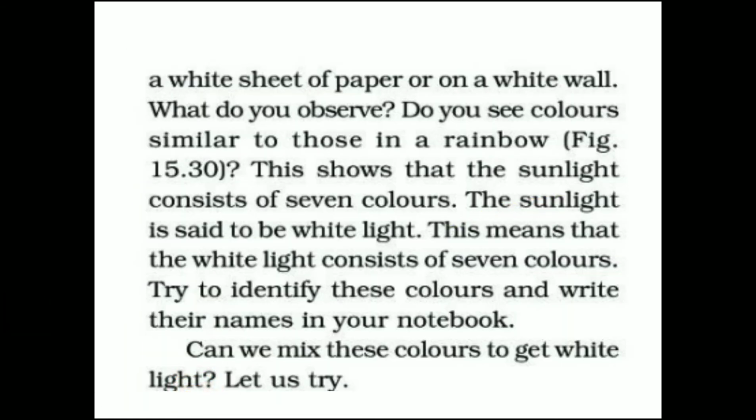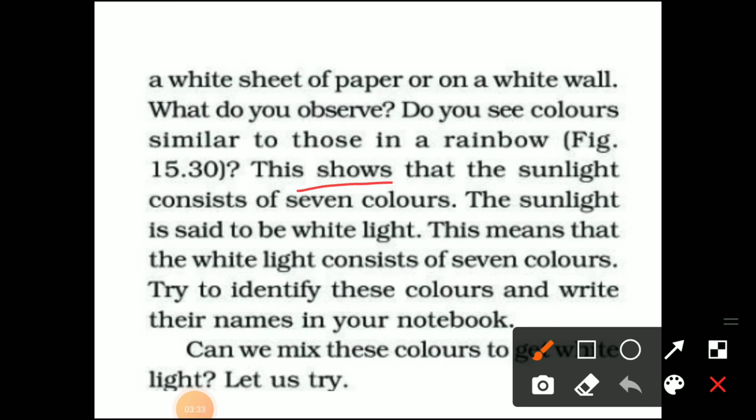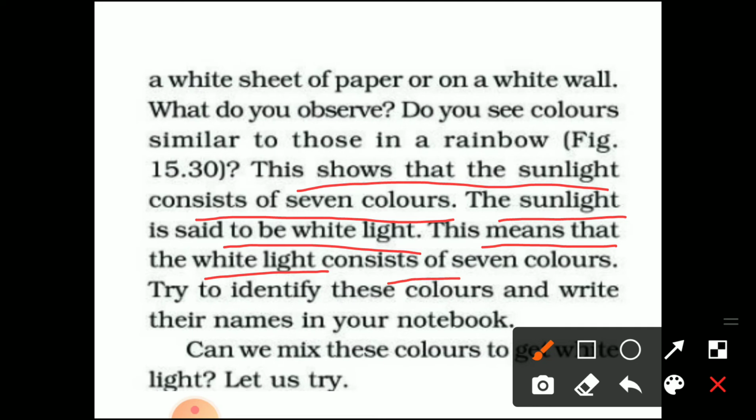This shows that the sunlight consists of 7 colors, and sunlight is said to be white light. So this means that white light consists of 7 colors. Now try to identify these colors and write their names in your notebook.